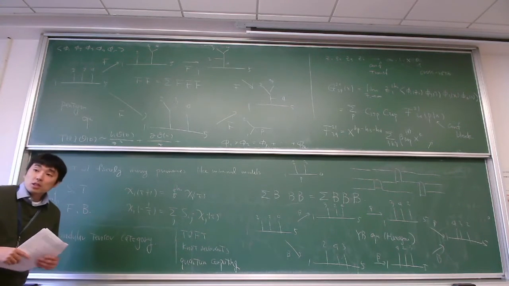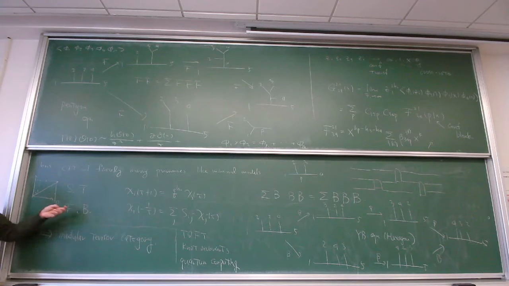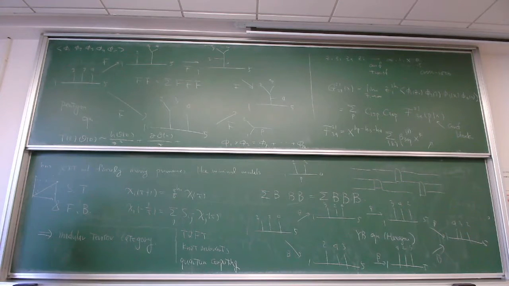Any other questions? In general, these are data of a modular tensor category. But determining F and B is usually very difficult. S is also difficult, but way easier than F and B. Not so much progress has been made.